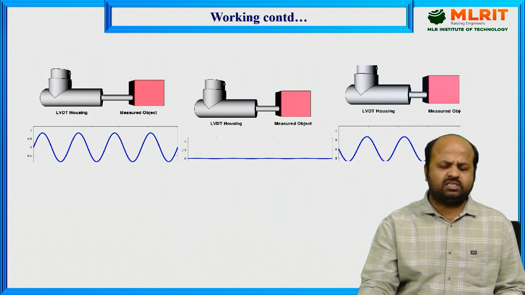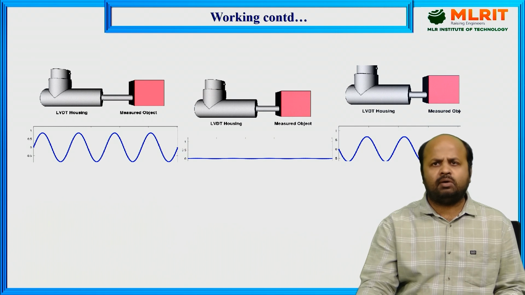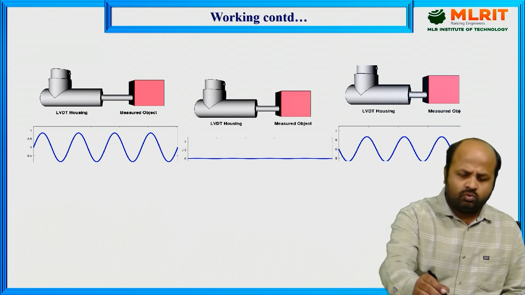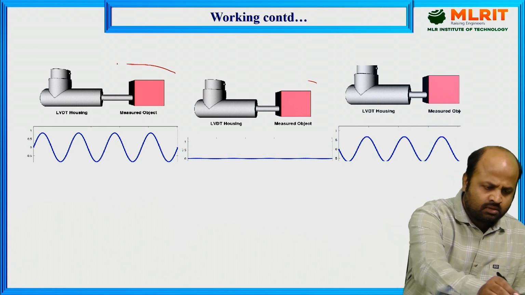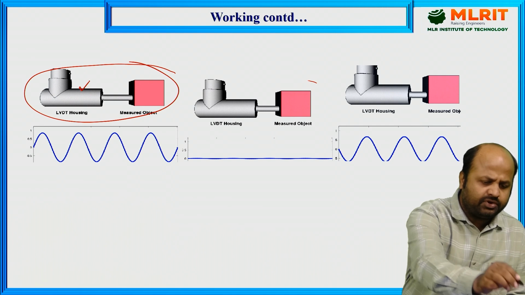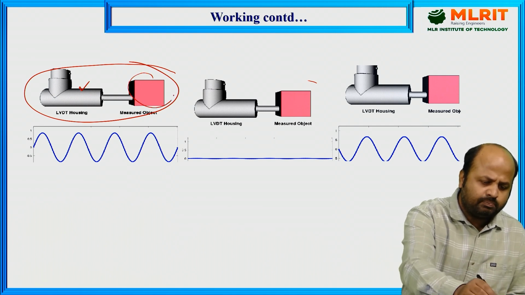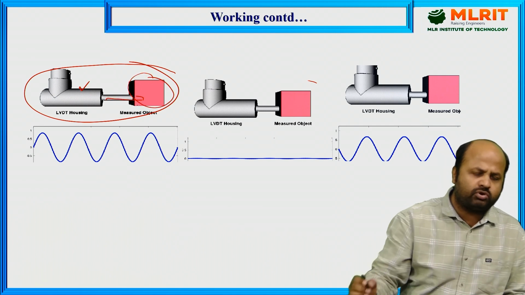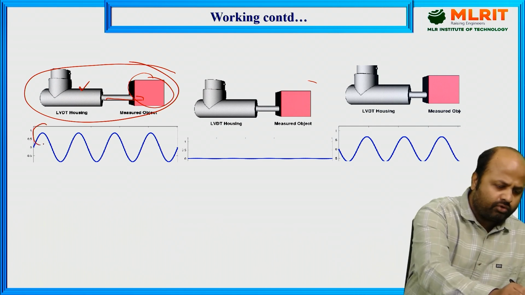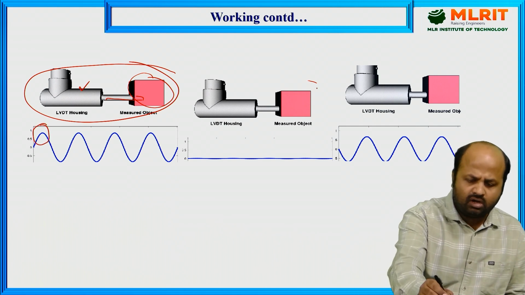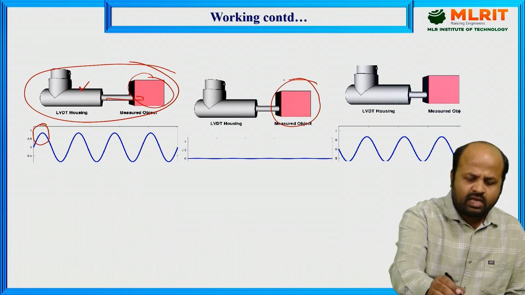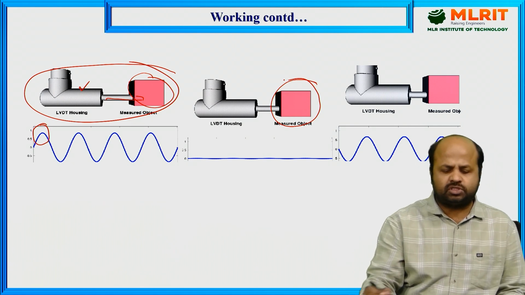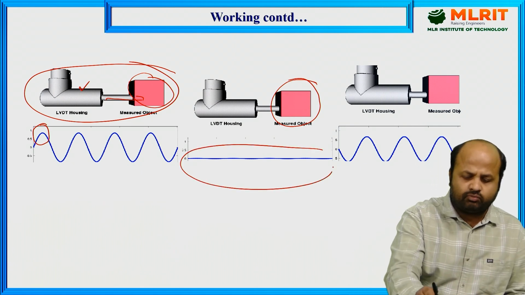Here we can see one application of LVDT. Suppose this is the LVDT and the object is placed here. If the object is towards the right side, we get more voltage here. If the object is located at the central position, we get zero voltage.